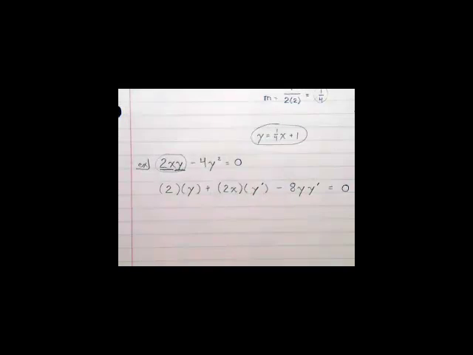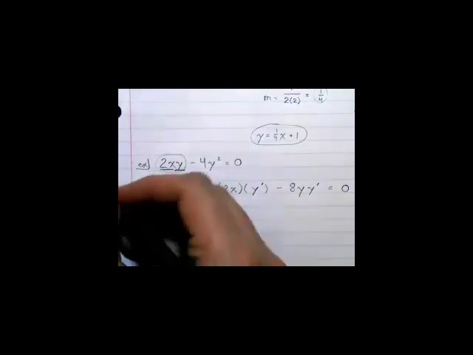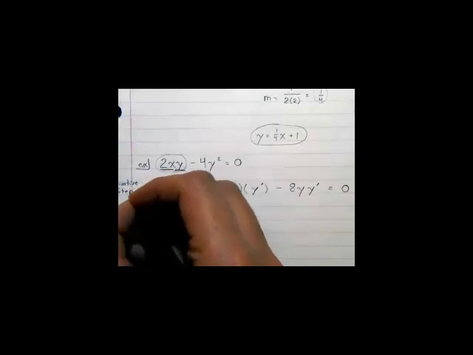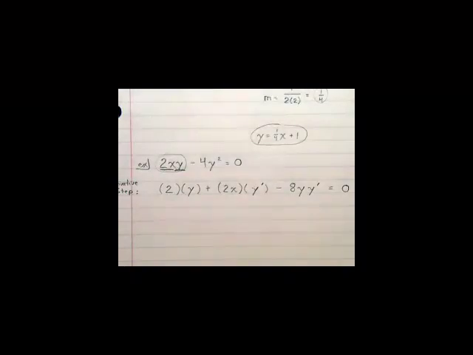Okay, so there's the derivative step, right? We went through and did the derivatives of everything. Now, to actually find the equation we want to use for the derivative, what do I have to do with this? Right, I have to solve this thing for y prime.